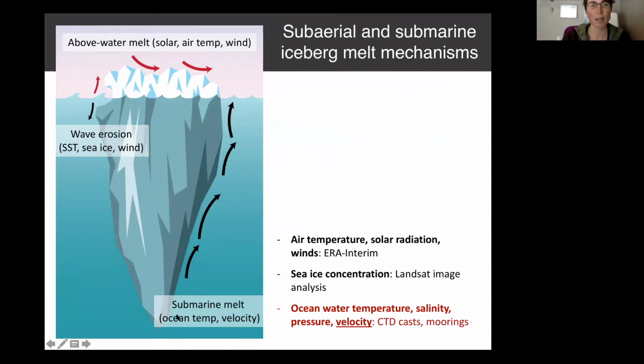And then here in the subsurface region, our submarine melt is primarily dependent on our ocean temperature and our ocean water velocities. Those we're getting from CTD casts and from moorings. And I underline velocity here.